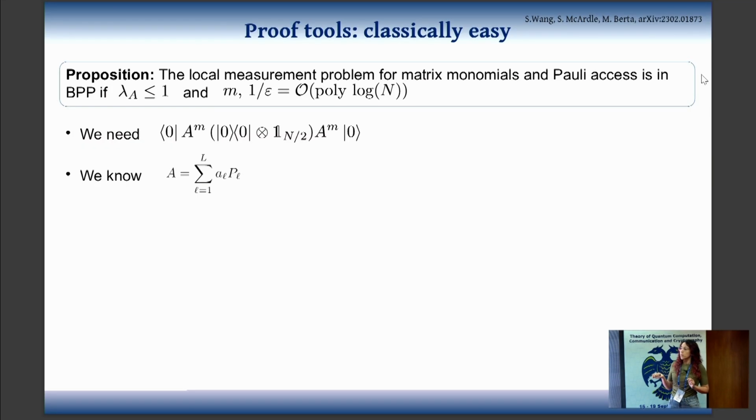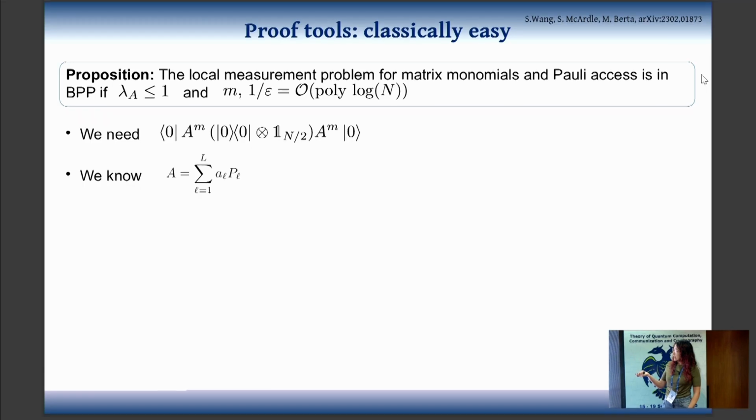So for instance, if we want to prove that the local measurement problem for the function that we choose, matrix monomials, given that we have the matrix in Pauli access, is in BPP for matrices with Pauli norm below 1 and precision and degree of the monomial in polylog the dimension of the matrix, what we have to do is to provide an efficient classical algorithm to solve this problem. But not only, we have to provide a bounded error classical algorithm.